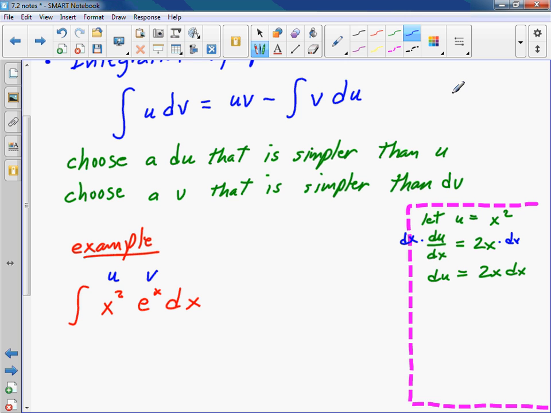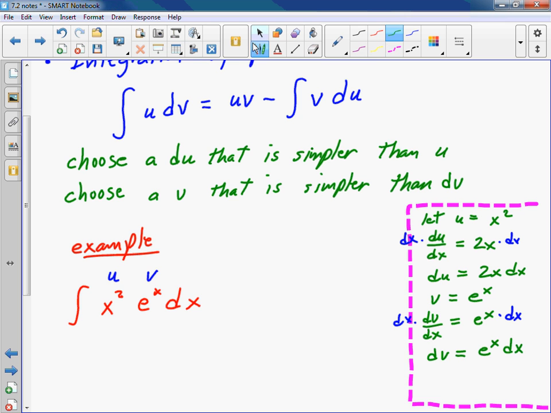And then we said let v equal e to the x, dv, derivative of v with respect to x, equals e to the x, also a special function, and dv, which we also need over here, then again multiplying both sides of the equation by dx, dv is equal to e to the x dx.